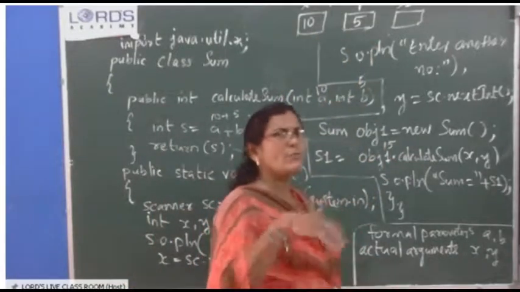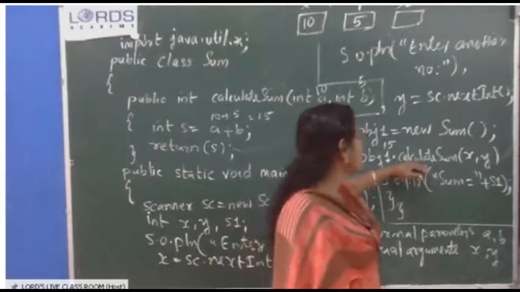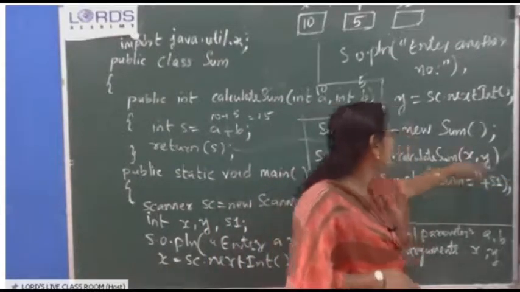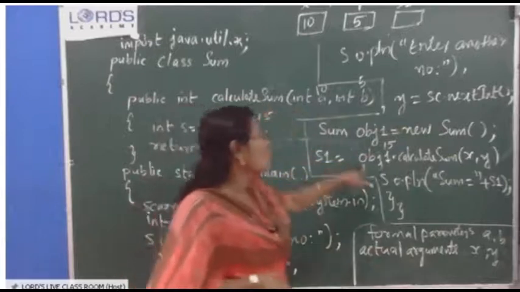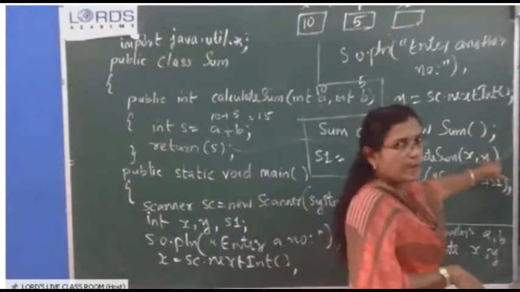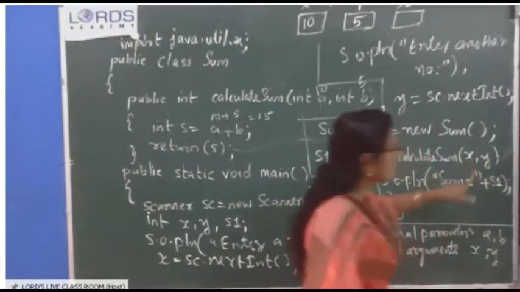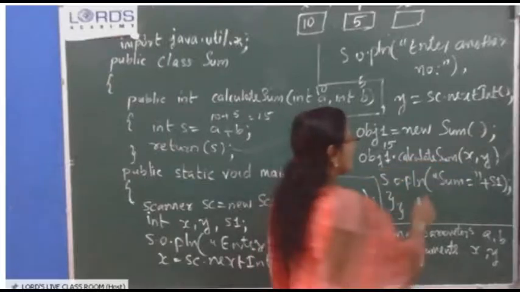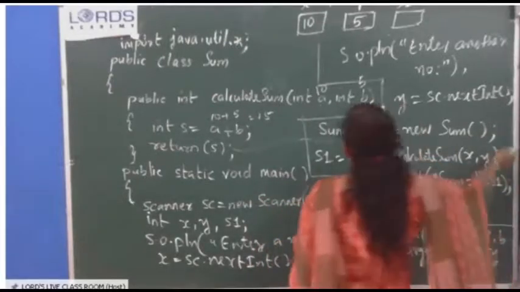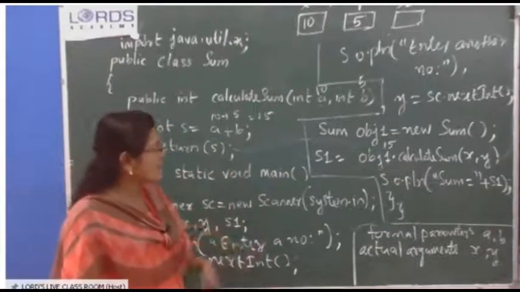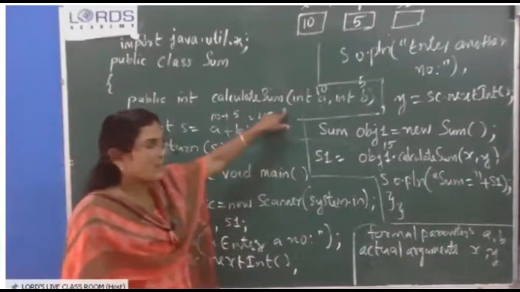So we have to tell the function to pass the values of x and y to it. Obj1 dot calculateSum(x, y). When this command is executed, control will jump from here to the calculateSum method. And what happens when control comes here?